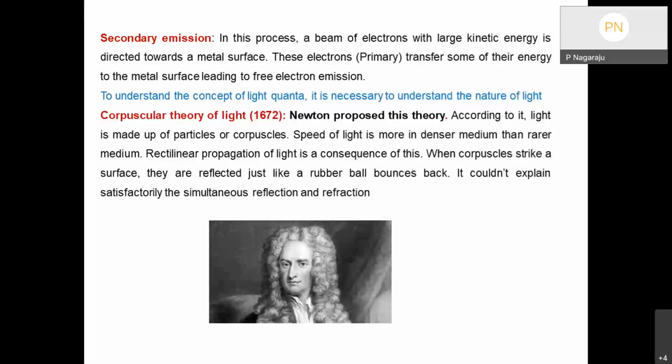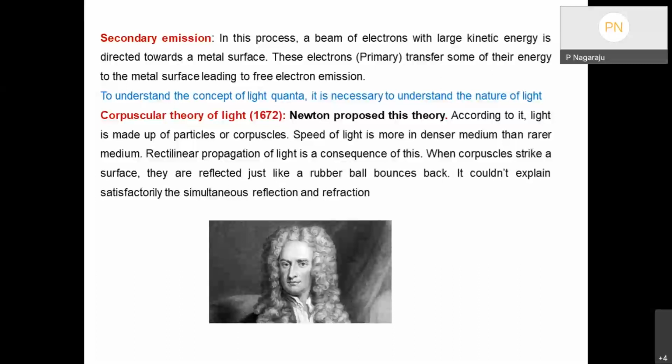The Foucault experiment was done in the year 1850, and that experiment showed that the velocity of light is more in a rarer medium than in a denser medium. No doubt the corpuscular theory of light was able to explain only the phenomenon of reflection, but it could not explain the phenomenon of refraction.